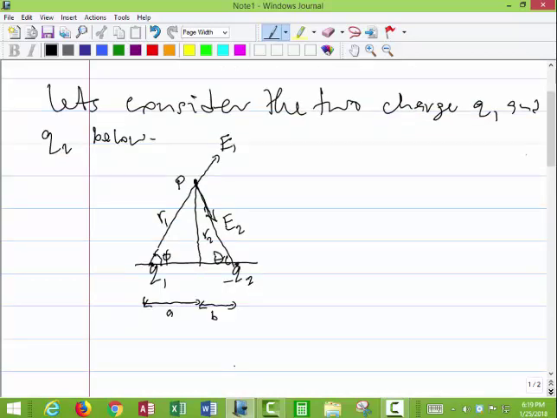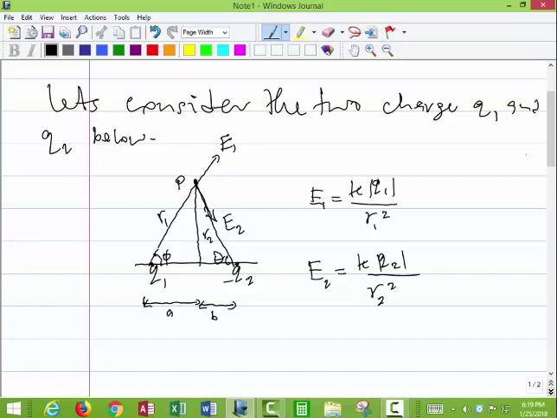So based upon this, from our definition of electric field, the electric field E1 is equal to Coulomb's constant K, Q1 with a magnitude over R1 squared, and E2 is equal to K Q2 divided by R2 squared.